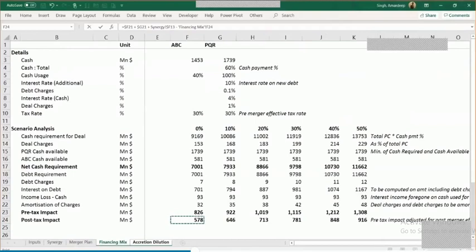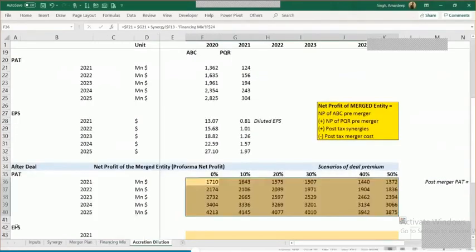In all of these years I'm going to incur that under the 0% scenario. But as you go on the right hand side, we have got other scenarios. So the scenario number should change, but then the data is going to be only there in row number 24. So please make sure that you fix the reference to row number 24 so that this 578, which is included in the 24th row, should not move down when I copy and paste the formula. So the final result is going to be this.